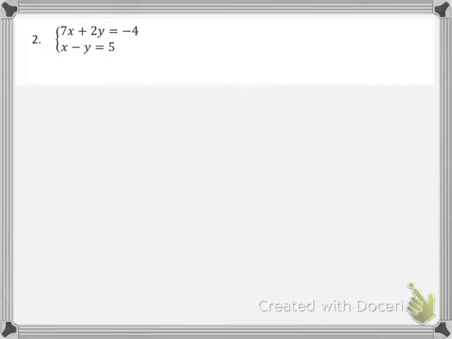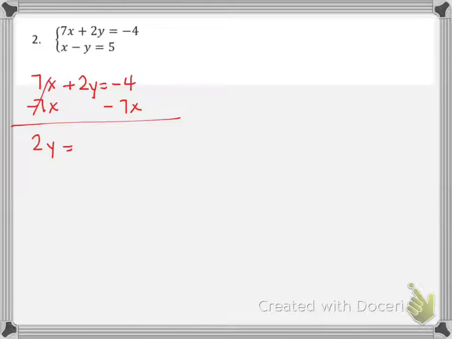Number 2. I want to put these in slope-intercept form first. So 7x plus 2y equals negative 4. I'm going to subtract 7x from both sides. And we get 2y is equal to negative 7x minus 4.